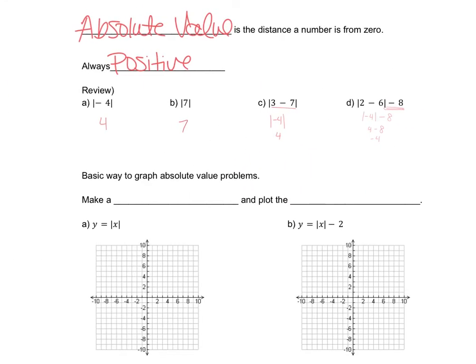Here is the basic way to graph anything, no matter what kind of graph it is, whether it's a line, absolute value, parabola, whatever. If you ever forget the tricks of how to graph things, you can always make a table and plot the points. Always.